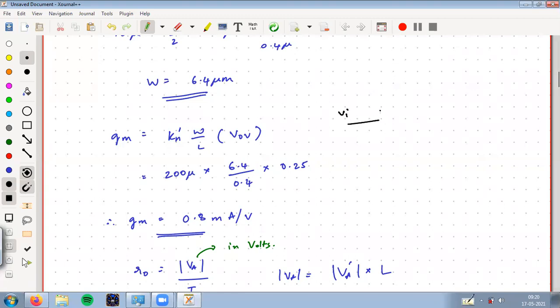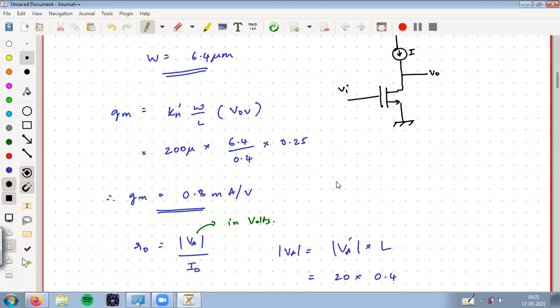So VI, this one, and no RD here. So we had I here. This is VD. This was your circuit diagram. I hope this is clear. You don't have any queries here.